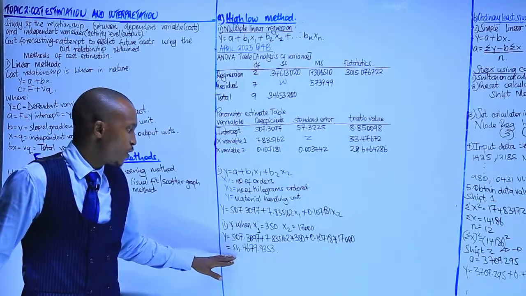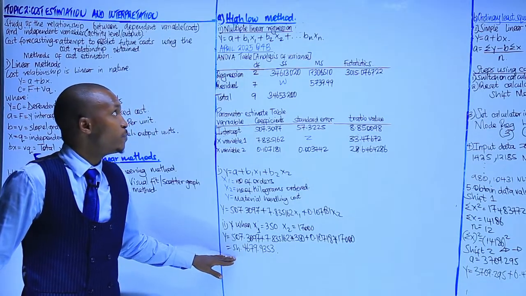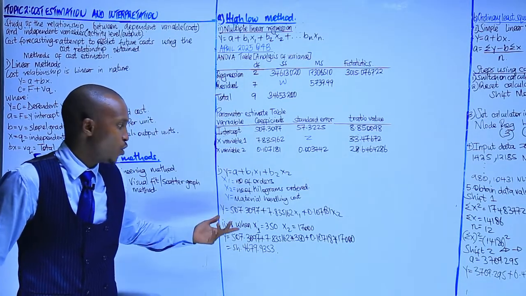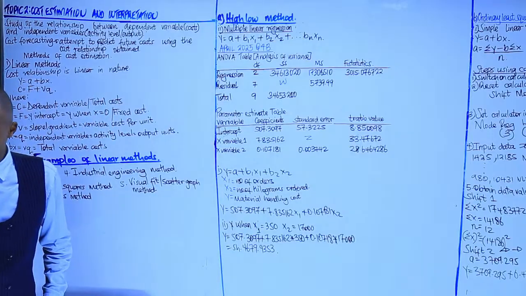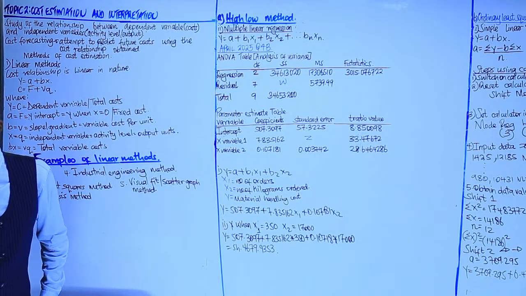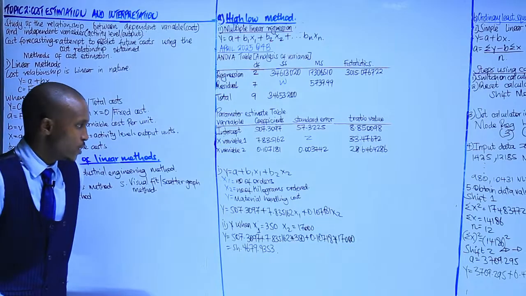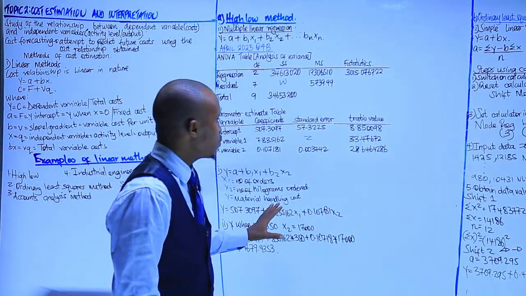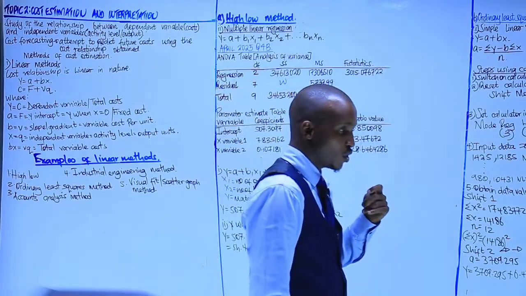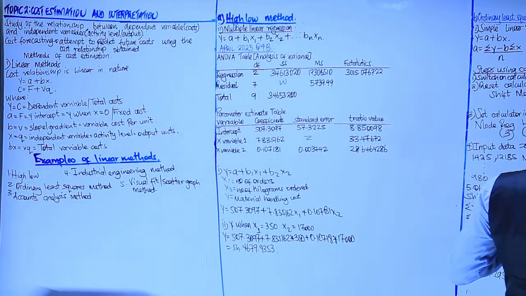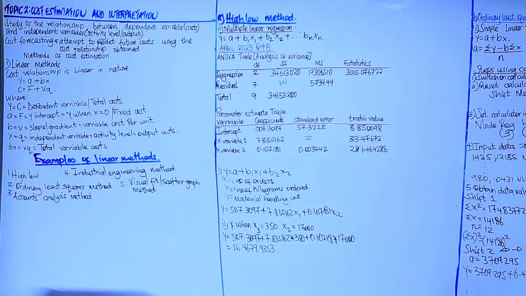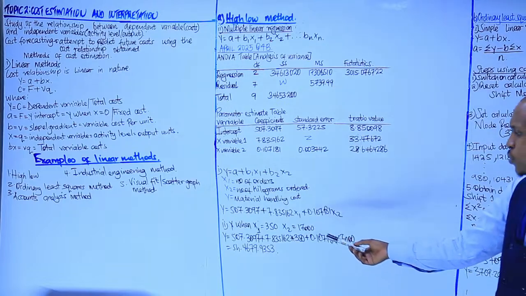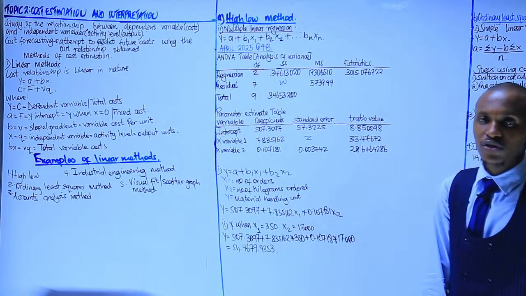And that is how you deal with multiple linear regression, how you solve your equation, or how you form your equation. That is good. Now, once you have formed your equation, the next thing we should do is to evaluate: is this equation good for prediction?